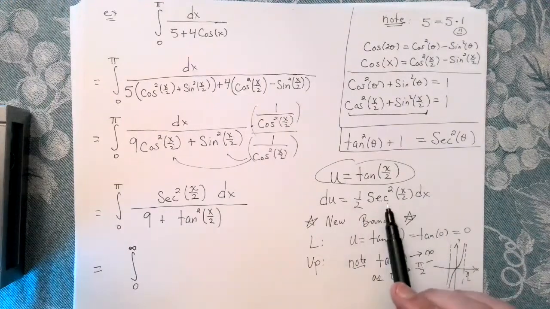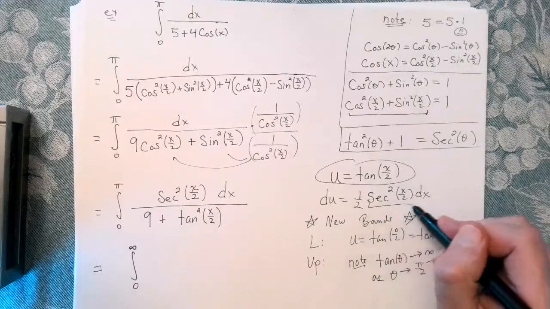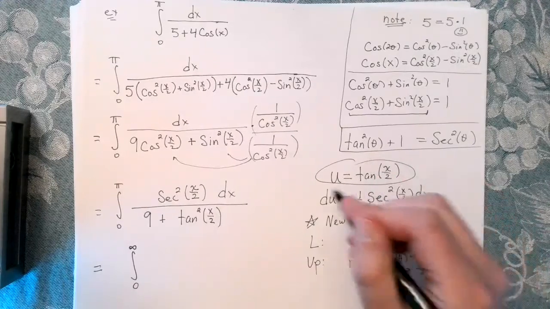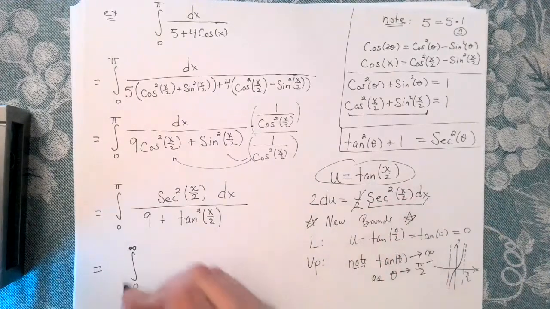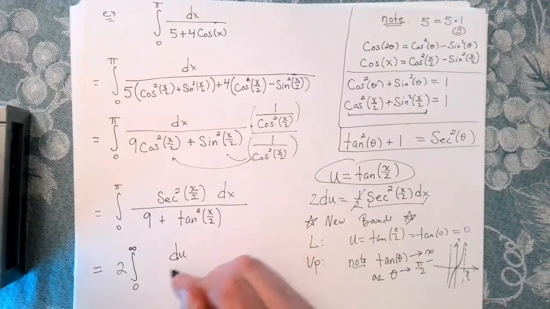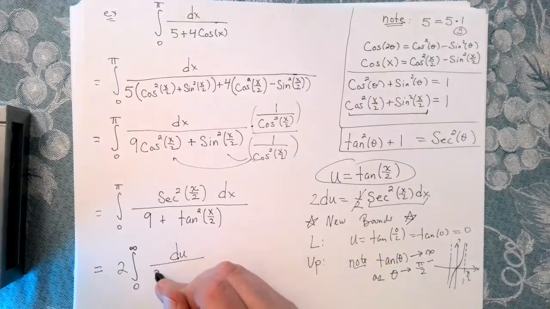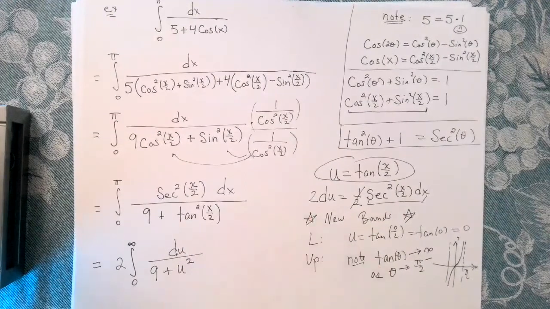Okay, so what do we have from our substitution? So I want to replace this. So maybe I should multiply both sides by 2. Okay, so I can replace that with 2 du. And then downstairs I've got 9 plus u squared. Well, that's really good because that looks like a classic arctangent form to me. So this is an improper integral, so we want to treat it carefully with limits.